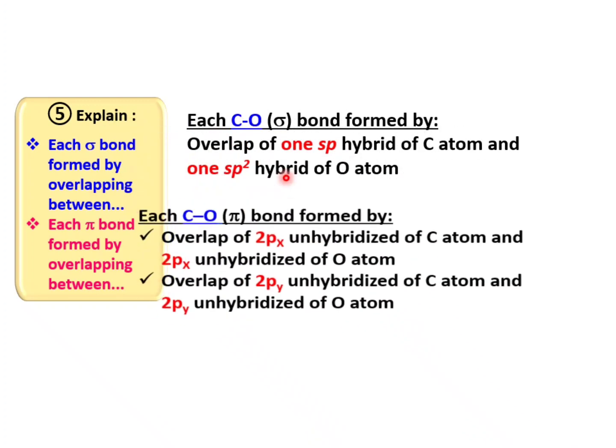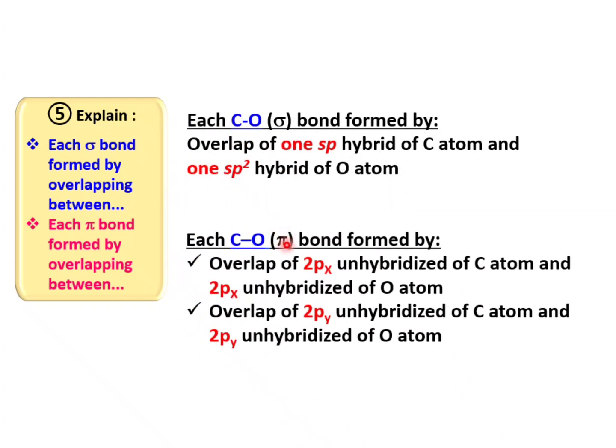And then for the pi bond, we know that we have two overlapping between 2px unhybridized carbon with 2px unhybridized oxygen. So for this one, kita buat yang right side tadi kan. Okay, for the left side, overlapping between 2py unhybridized of carbon with 2py unhybridized of oxygen atom.